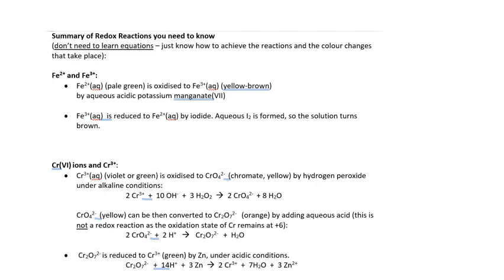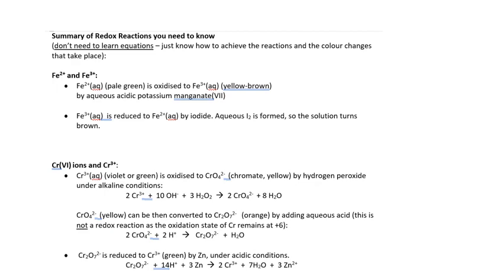So the case we've already talked about is iron 2+ and iron 3+, and those specific reagents we used in the examples are the ones you need to know. So if you want to oxidize Fe2+ to Fe3+, you need to know that you can do that using aqueous acidic potassium manganate(VII), so MnO4- and acid.